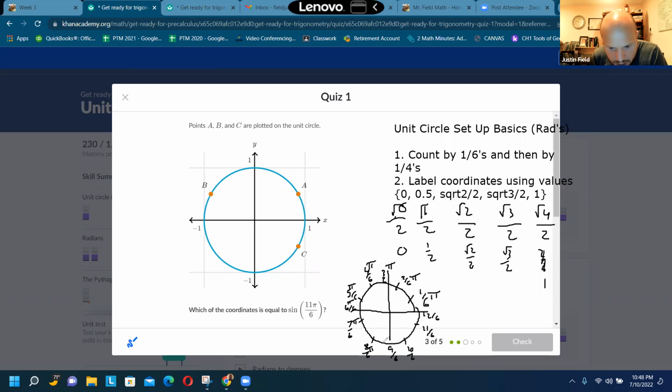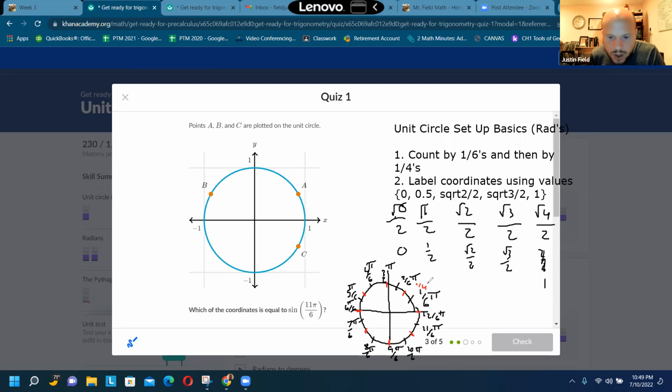But, just to set it up so that you always know where everything is, you can just count 1, 2, 3, 4, all over 6s. Then we do the fourths. So the fourths are in the middle of the 6s, and of course on the axes.